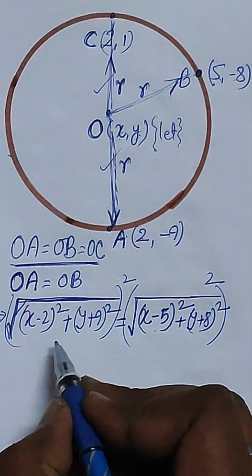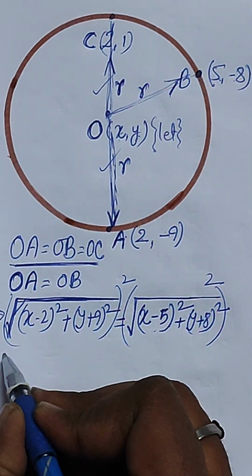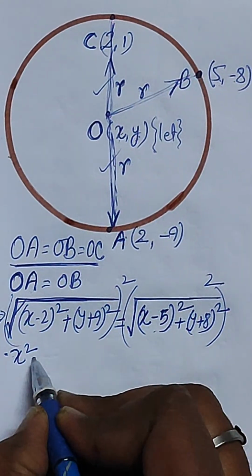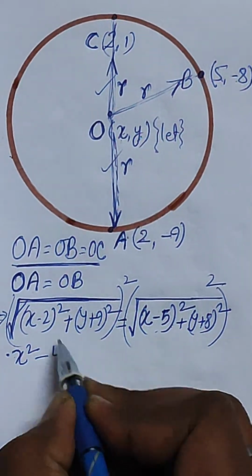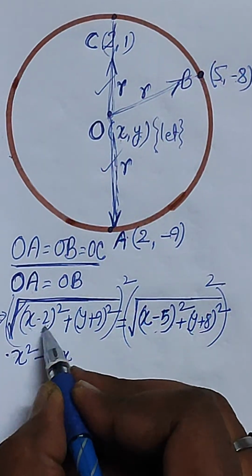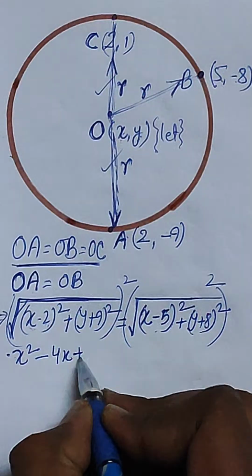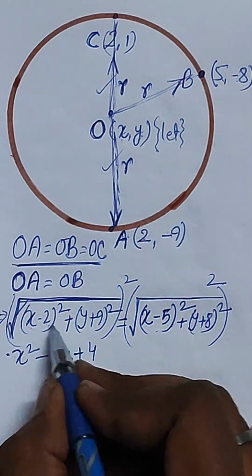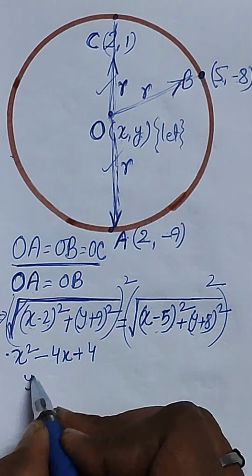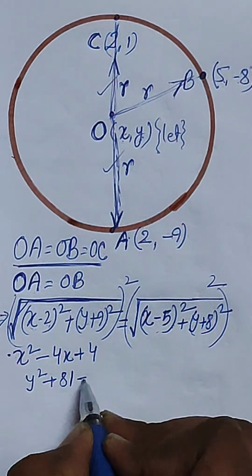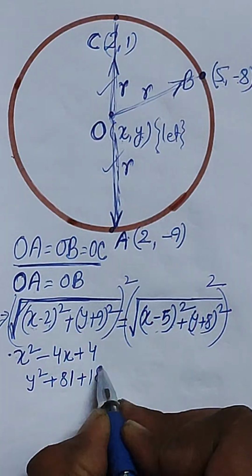Then what will happen? In the LHS, expanding it in the form of (a minus b) whole square, we will have x square minus 4x plus 4, then y square plus 81 plus 18y.